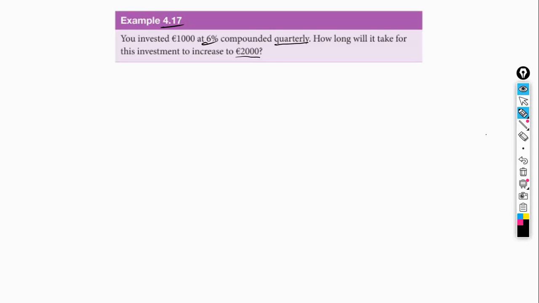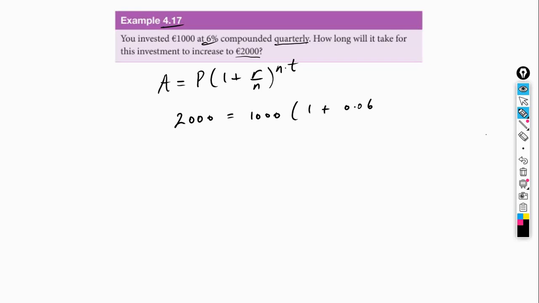So let's remember that the formula for compound interest is final amount is equal to the principal times 1 plus the rate divided by n to the power of n times t. So it's 2,000 equals 1,000 times 1 plus the rate, 0.06, divided by 4, because it's compounded quarterly, to the power of 4t.